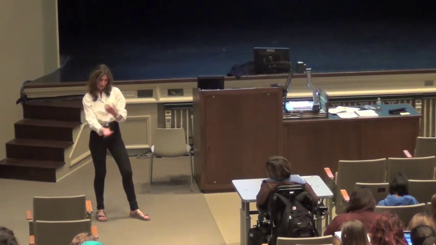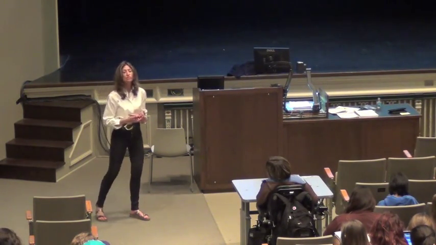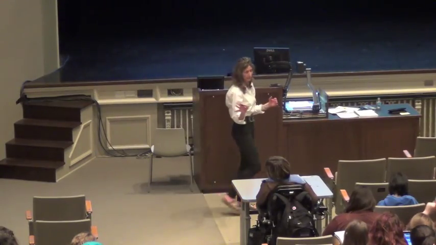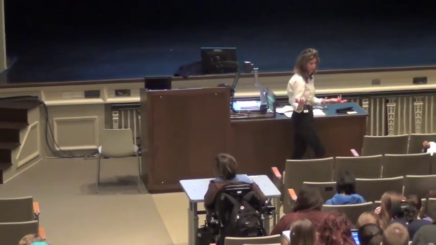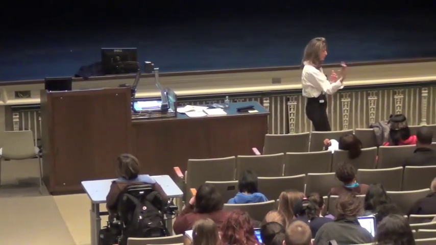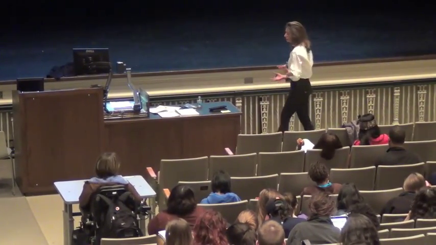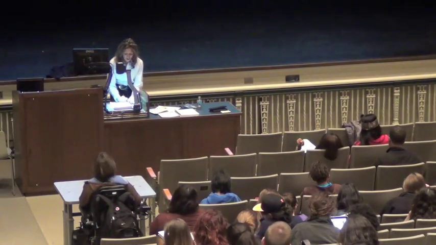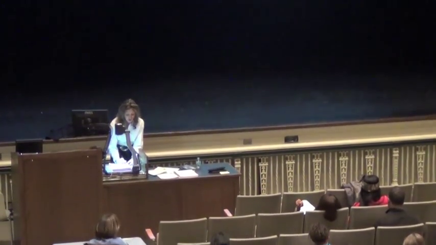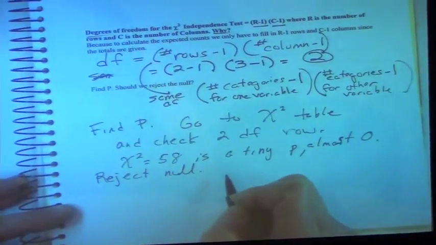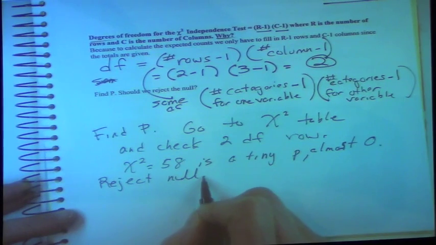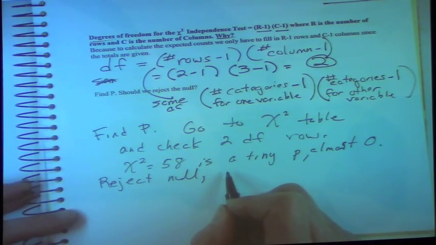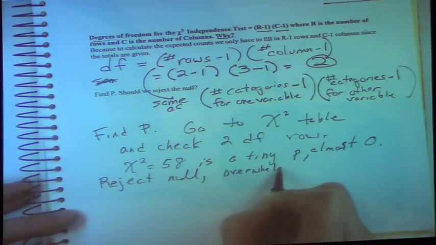So obviously, the 2 are associated. This is extraordinary evidence, no doubt in my mind, that the 2 go together. It's obvious here. So we reject the null, that they're independent, and we have overwhelming, beyond belief evidence.